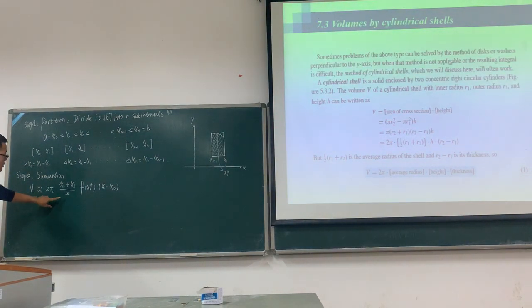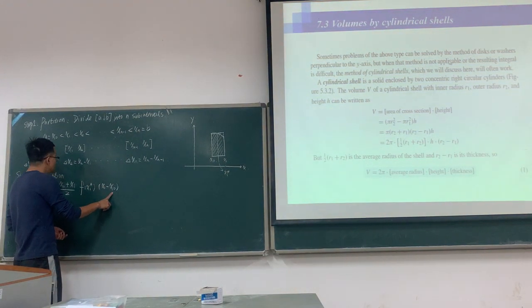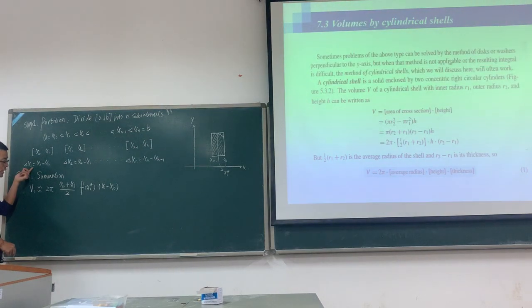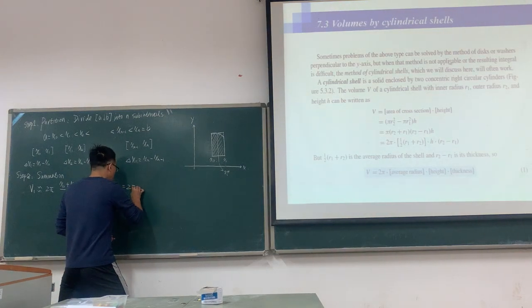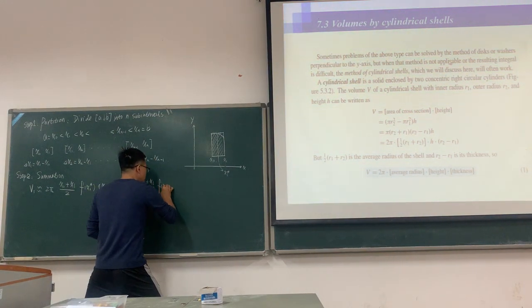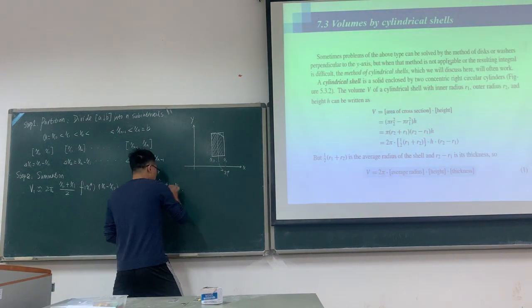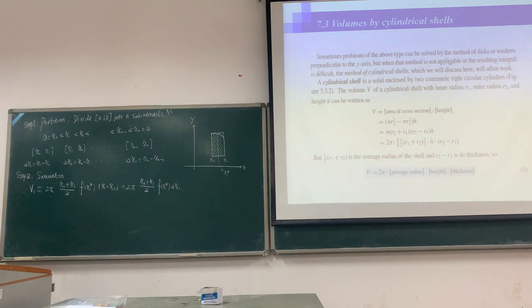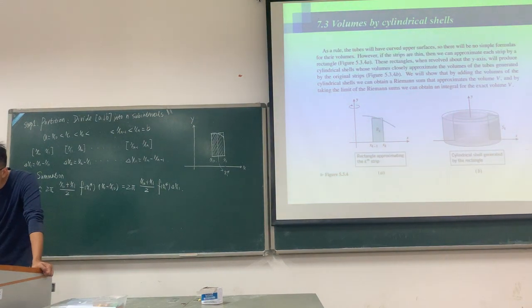So the volume of the first one is V1 approximately equal to 2 pi times (x0 plus x1) over 2, times f of x1 star, times delta x1. It's like this. Now let's see.